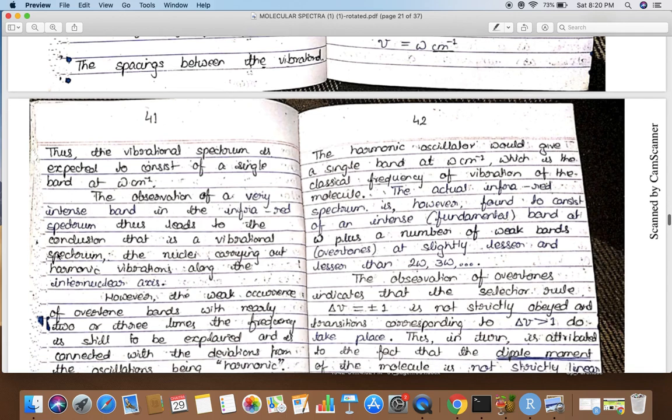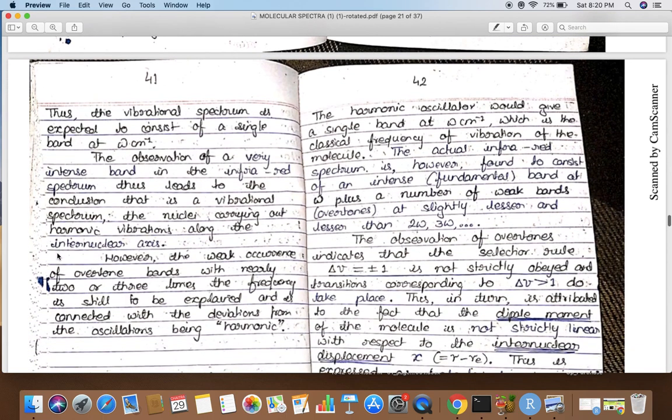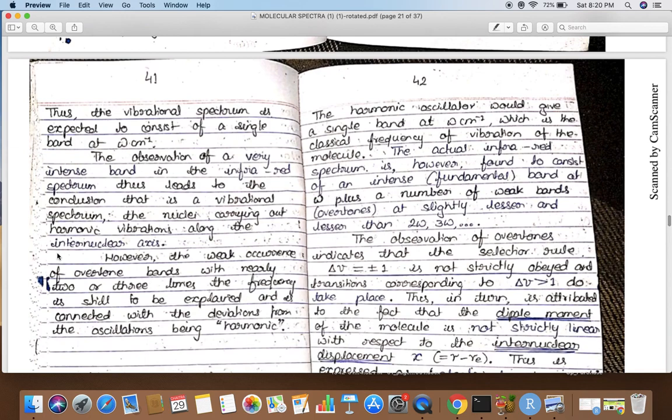The absorption of a very intense band in this infrared spectrum thus leads to the conclusion that the nuclei are carrying out harmonic vibrations along the internuclear axis. However, the weak occurrence of an overtone band at nearly twice the frequency is still to be explained, and it is connected to the deviation of the oscillations from being harmonic.